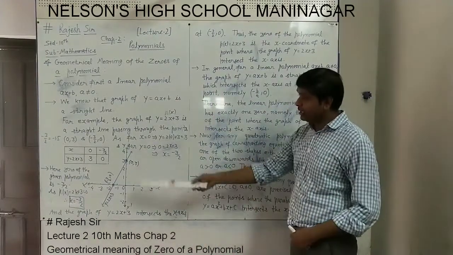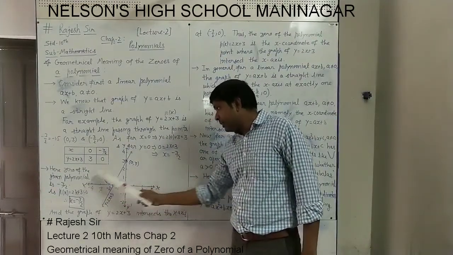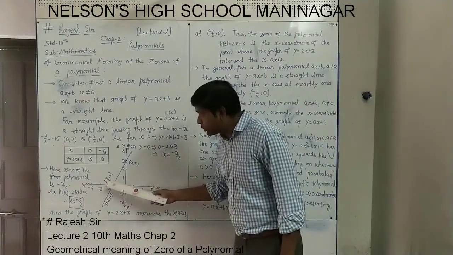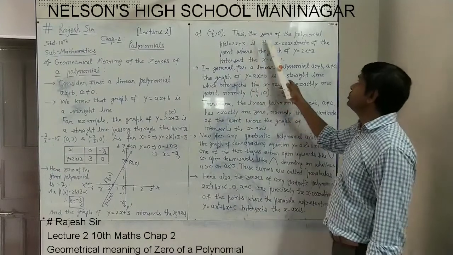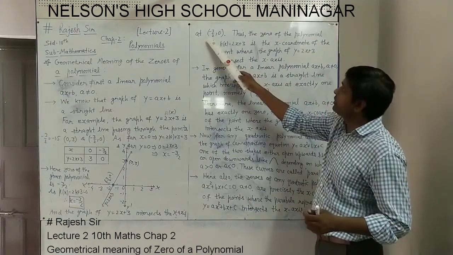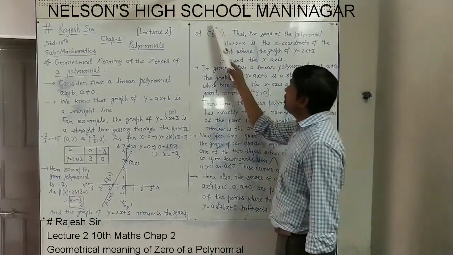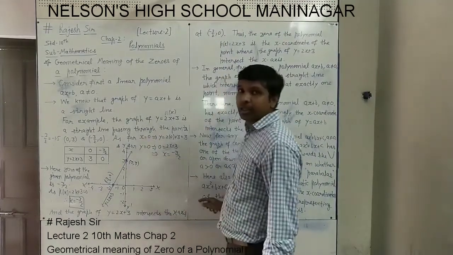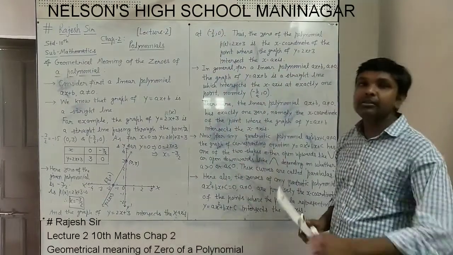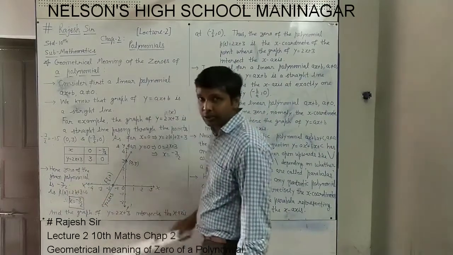And on the graph, this minus 3 by 2 is the intersection point of the graph of the given polynomial and the x-axis, with minus 3 by 2 as the x coordinate of this point. By calculation also it is minus 3 by 2. This is the conclusion we reach.